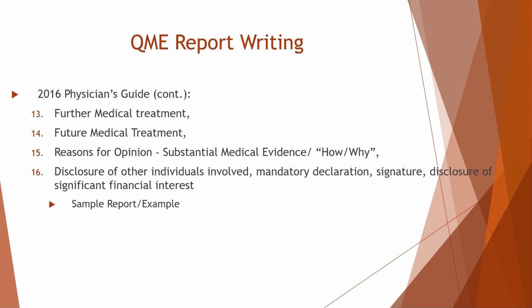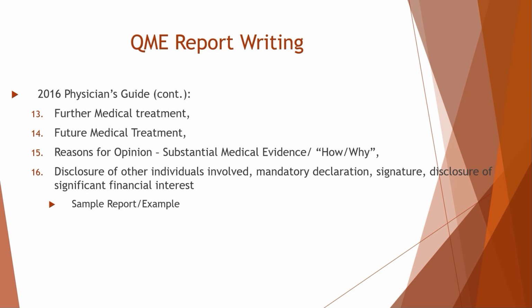And then what we're going to do is we're going to take the requirements of both systems, both the 2001 Physician's Guide and then also the AMA Guides 5th edition, and we're going to come up with sort of what I refer to as a hybrid report format that encompasses and includes all of the required elements, that is, all of the elements required by both the 2001 Physician's Guide and all of the elements required by the 2005 AMA Guides 5th edition, which will provide us with a report that contains every possible report element required to resolve contested issues in the workers' compensation system, and does not contain superfluous, extraneous, and duplicative report sections.